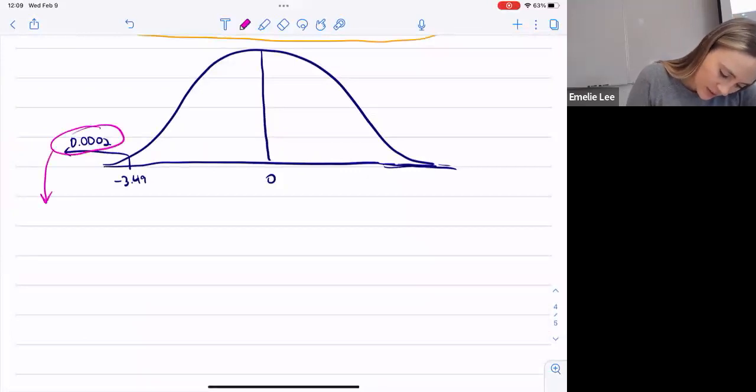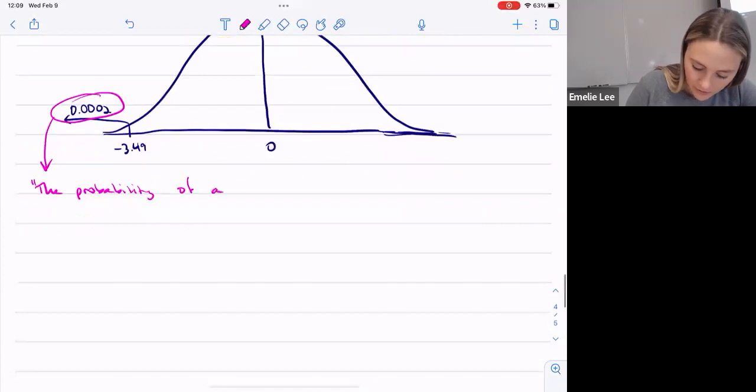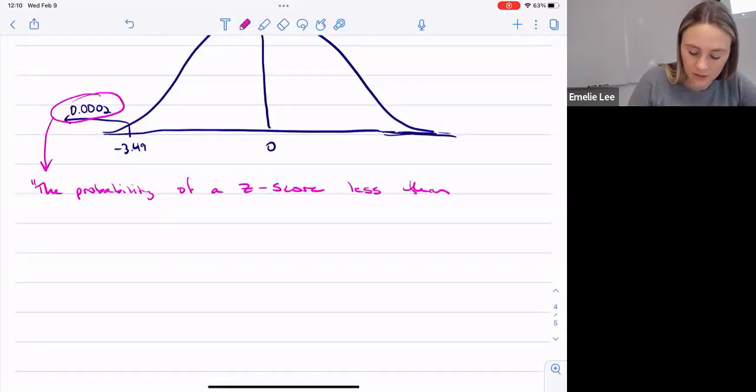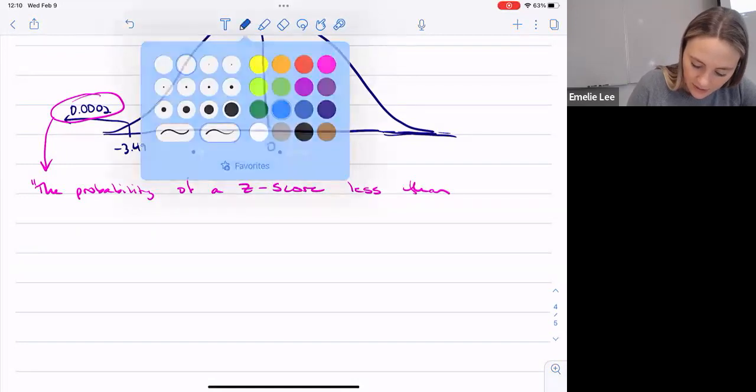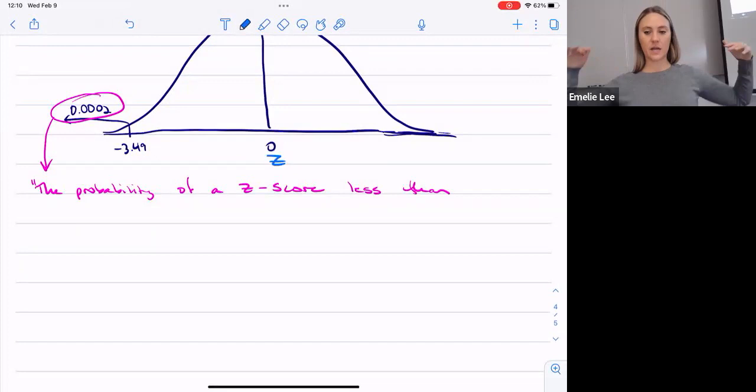So this means that the probability of a Z score less than, on this x-axis, we're going to have our Z scores, right?